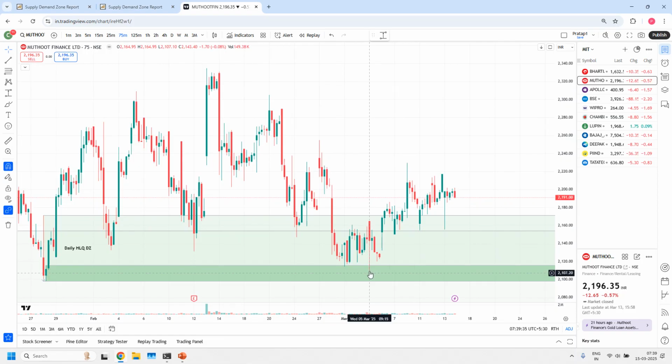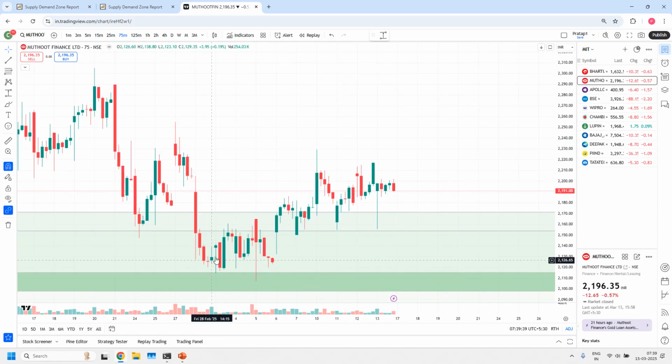From this area it picked up the orders and prices started moving. It gave the first test on 3rd March, it gave a trade. If anybody missed 3rd March, again it gave a trade on 5th March. Then prices started moving up.